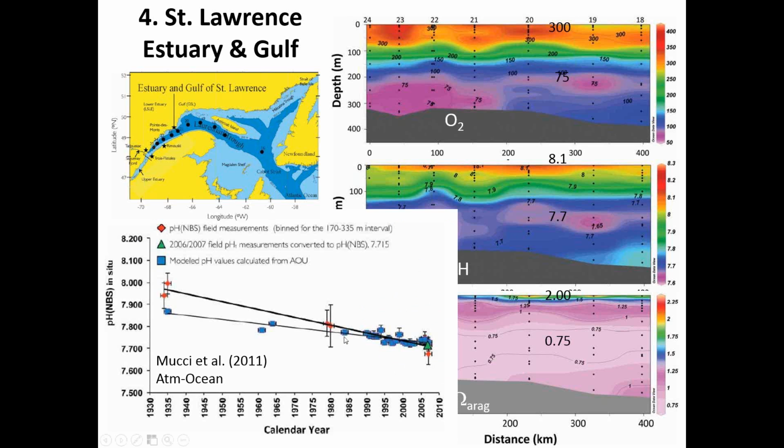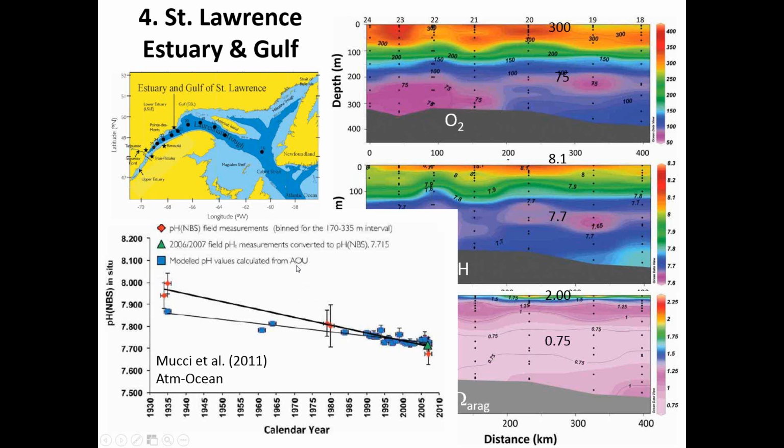But what's most interesting from his work is he has some pH measurements in 1980 and today, and then some very mysterious pH data back in 1935, before the NBS scale was even adopted. Anyway, there's a very nice decrease in the pH over these 70 years. And then he used a model, because we have a lot more oxygen data.